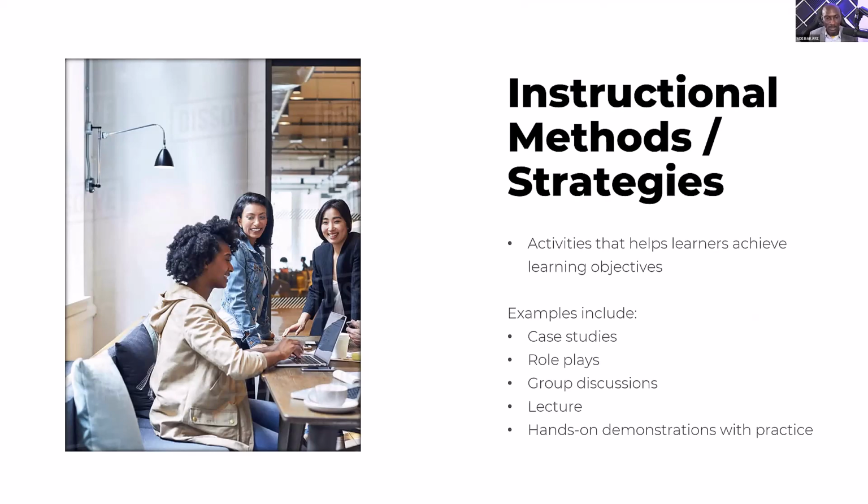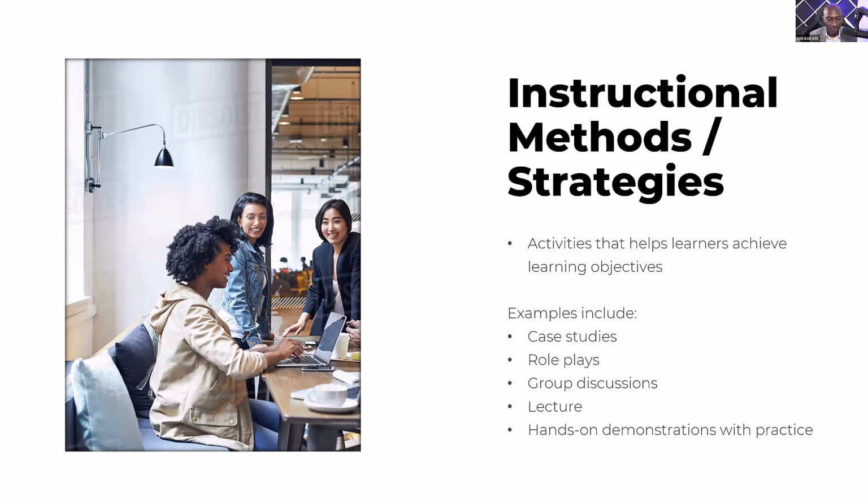The way that I always like to describe it is this way. Your learning objectives set the destination. That's where you want to get the learners to, right? Everything that we've been talking about so far, sequencing the course in the right order. Now we're talking about instructional methods or strategies.